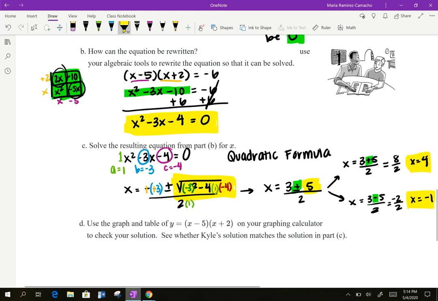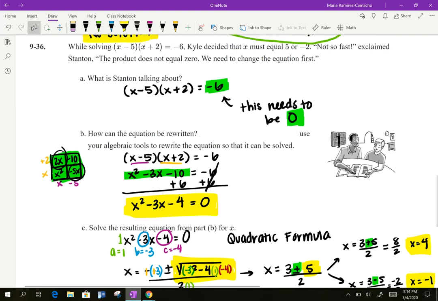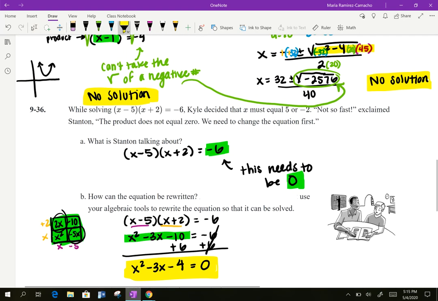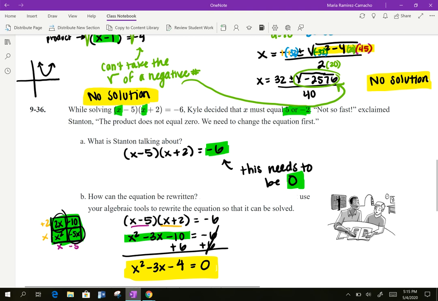See whether Kyle's solution matches the solution in part C. So Kyle, I want to remind you, he forgot that the solution was 5 or negative 2 because he was already kind of doing some math in his head and doing the zero product property, but we said not so fast. There was a negative 6 here. That changes our answer. So let's see. And we're going to see that the answer is no.